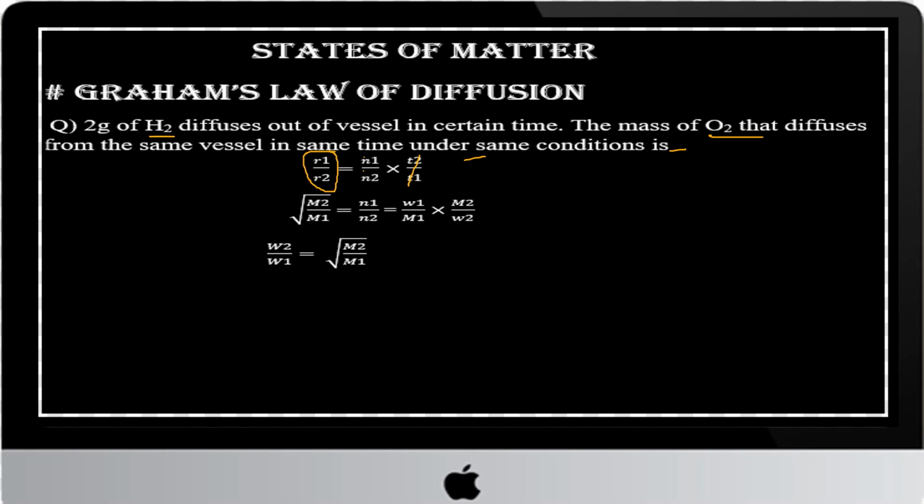Since they have given the same conditions and same time, the time terms get cancelled. Then W2 by W1 becomes root over M2 by M1, because these two terms can be separated, root over M2 by M1 separate and W1 by W2 separate. One term gets cancelled and it becomes W2 by W1 equals root over M2 by M1.